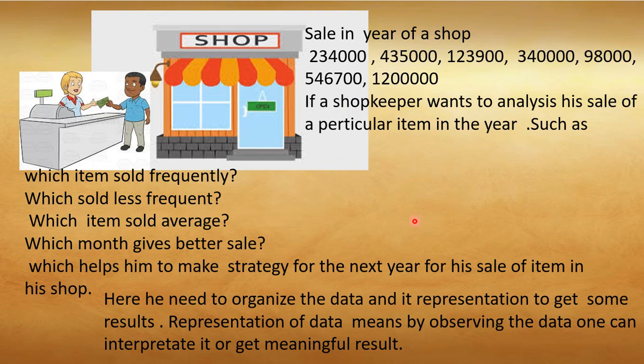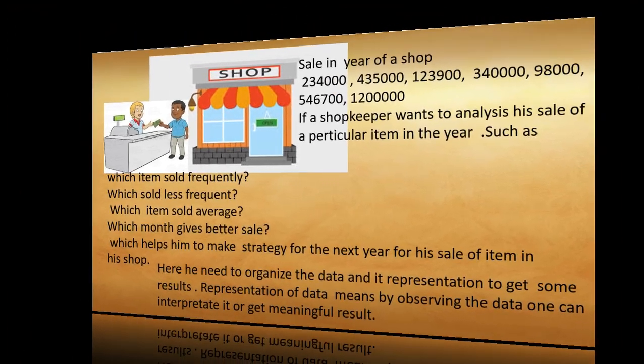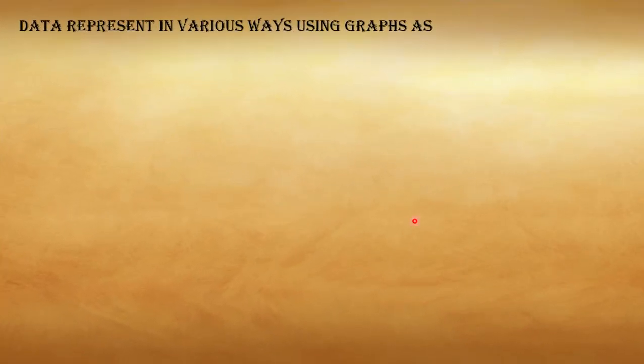So the meaning of the representation of data is that the data is represented in such a way that by observing it one can easily understand what information is depicted by the data, or one can generate very meaningful results also.